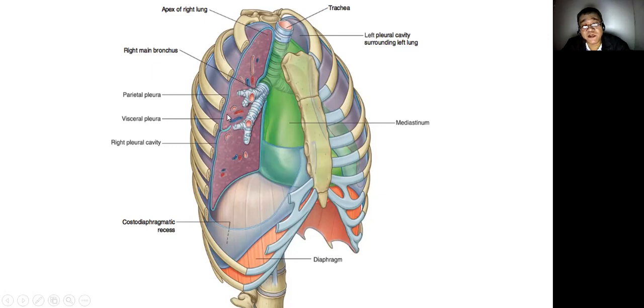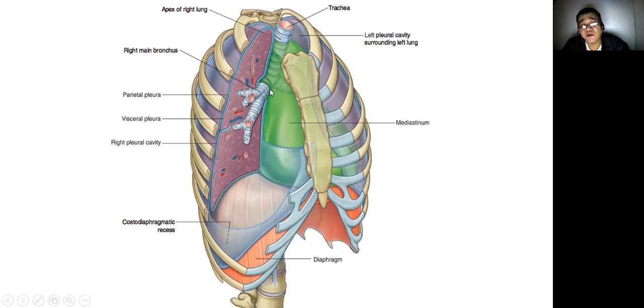So the visceral pleura, this one, lines the lungs, both the apex, the costal surface of the lungs, the basal surface of the lungs, and the mediastinal surface of the lungs. It meets its counterpart, the parietal pleura, at the area of the root of the lung, over this area.